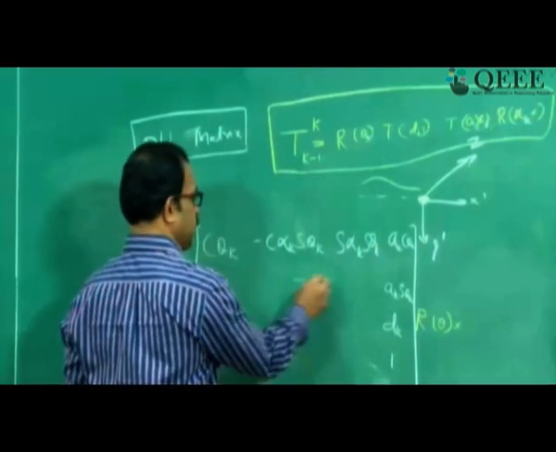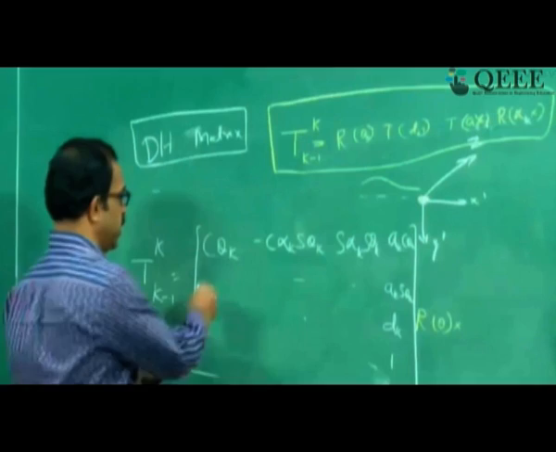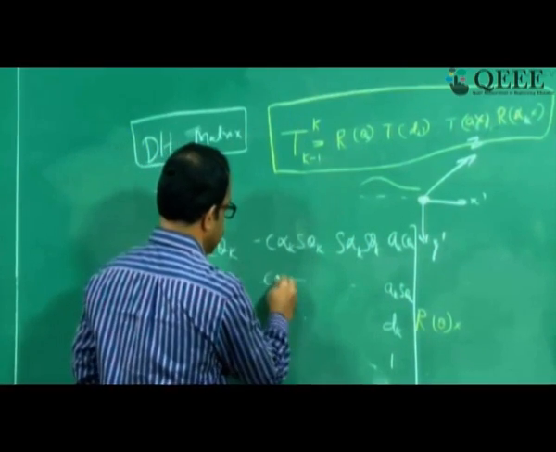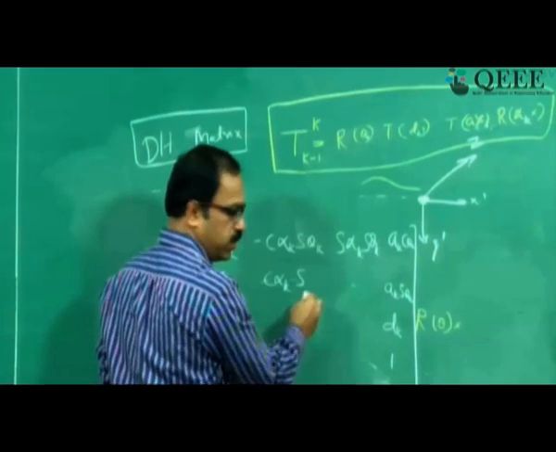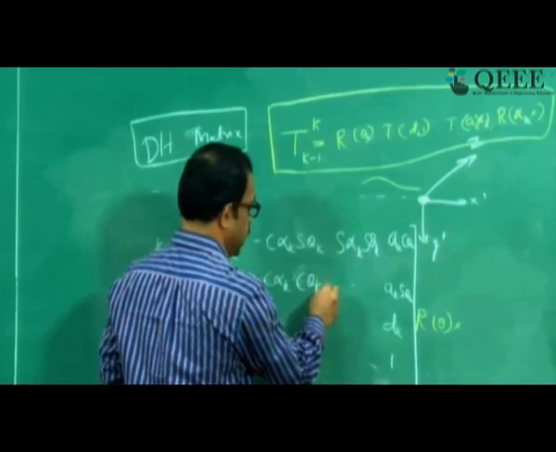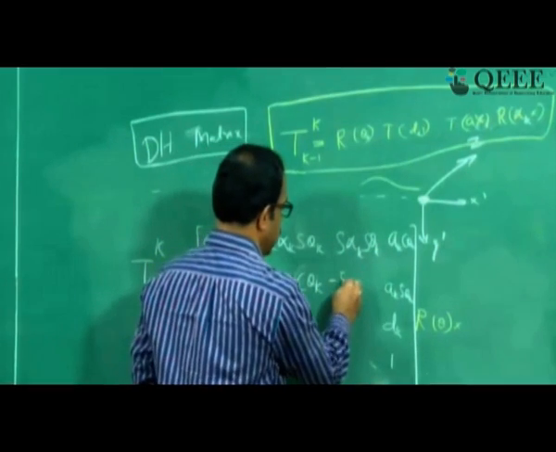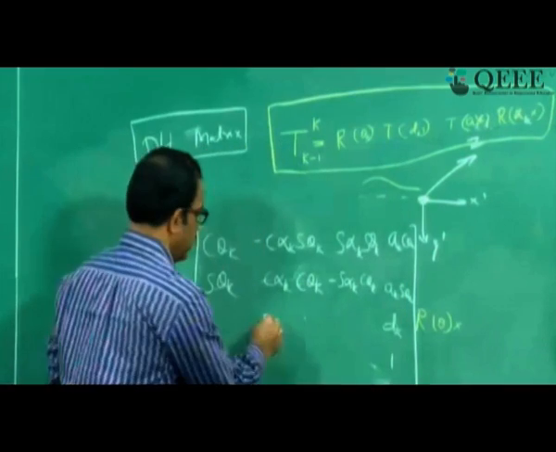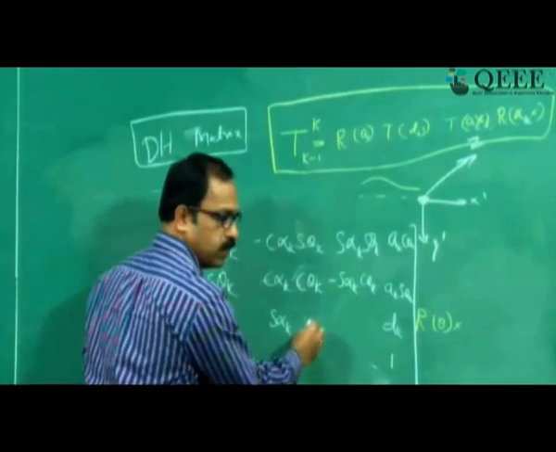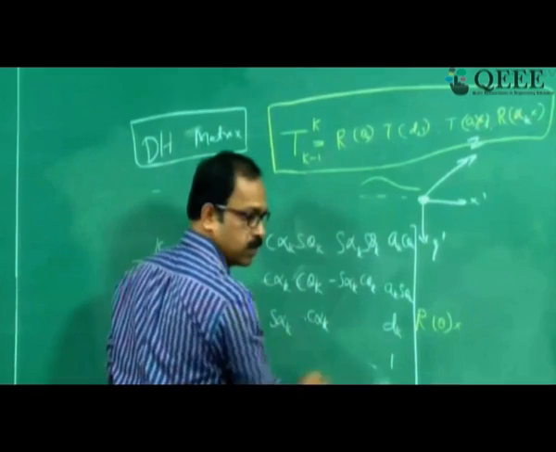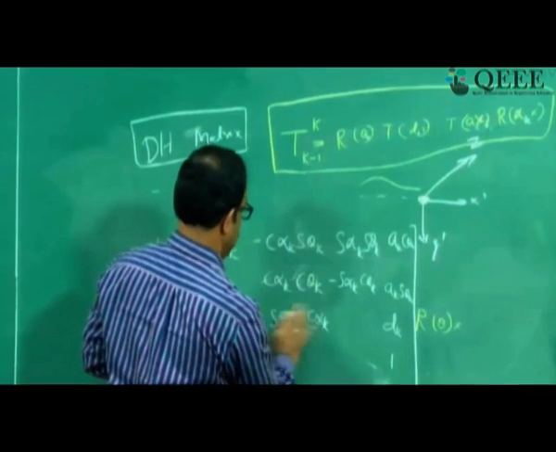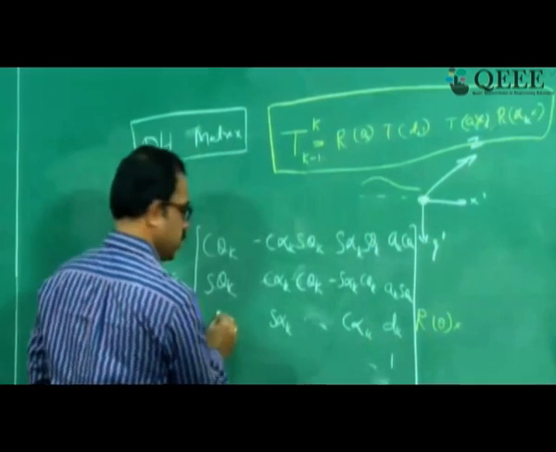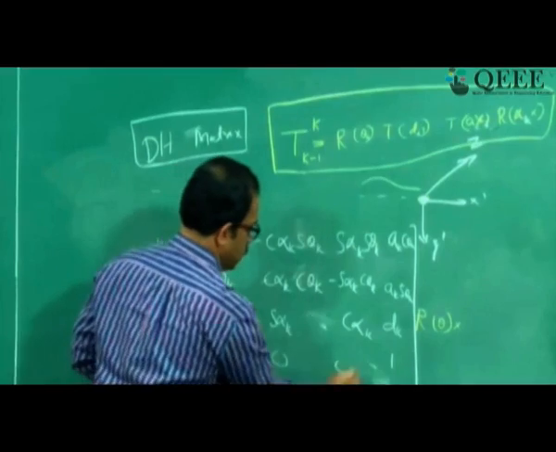You will get the other elements also, as shown in the slide: sin theta k, then cos alpha k cos theta k, then minus sin alpha k cos theta k, and sin alpha k, cos alpha k, d k. This will be 0, 0, 0, 1.